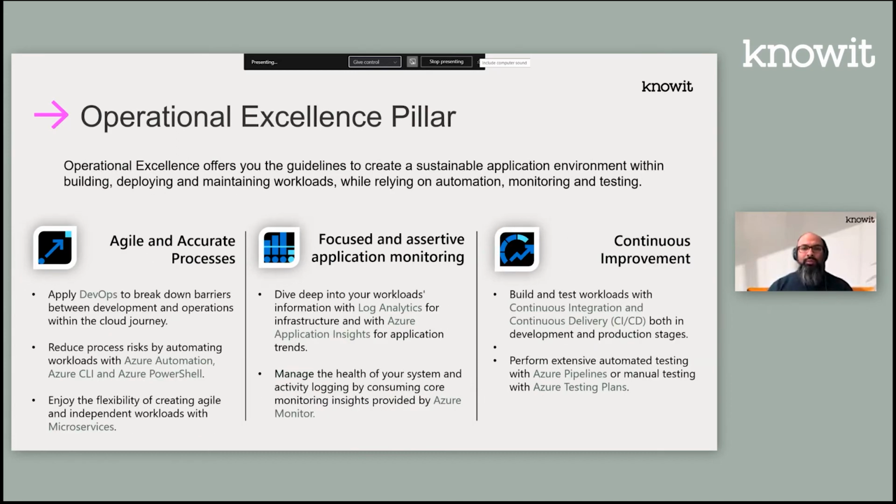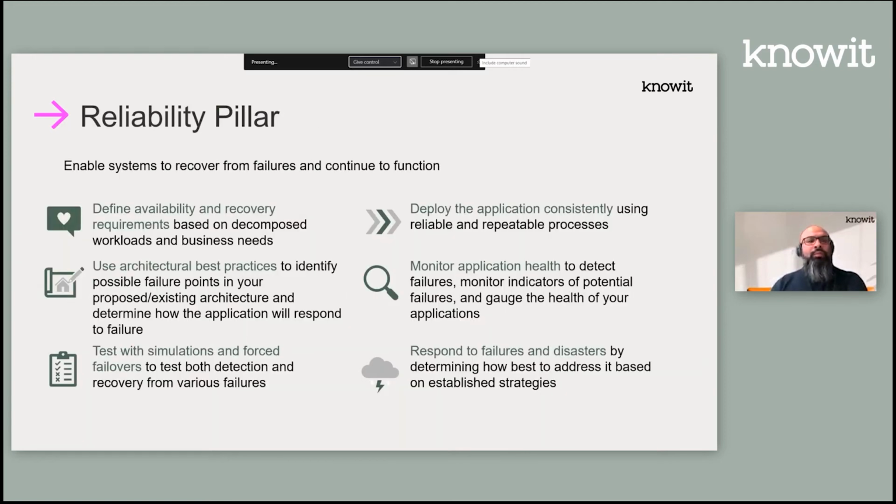The operational excellence pillar, similar to Amazon's, focuses on the processes, on the monitoring, more or less focusing on continuous improvement using automation as much as possible. The reliability pillar is again focusing on how you can recover from failures, similar to Amazon and the design principles, and you're more or less using Azure's own services to accomplish this.